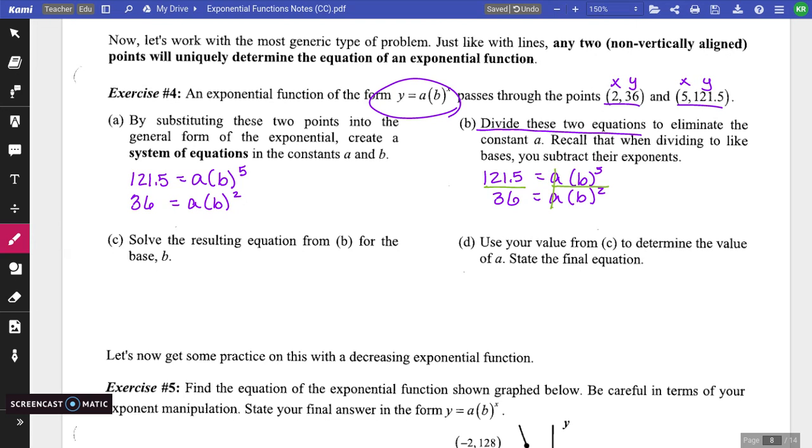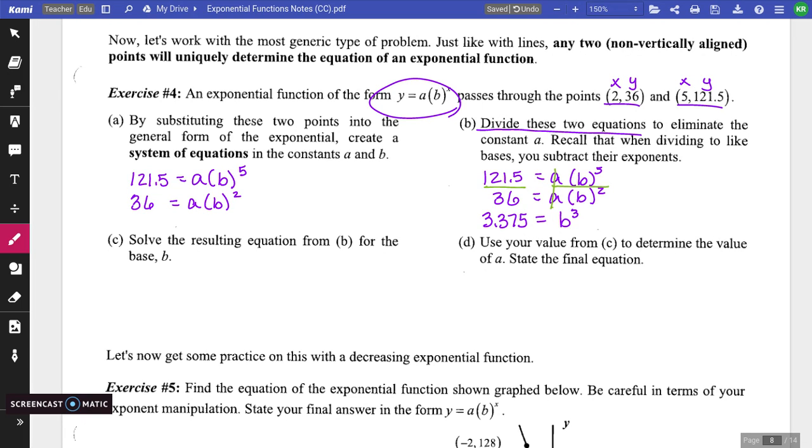When I divide, those A's are going to reduce out. B to the fifth divided by B squared. Well, if you remember your exponent rules, when I divide with like bases, you subtract exponents. So 5 minus 2 is going to be 3. And then 121.5 divided by 36 is going to be 3.375. So we divided those, and I have this equation.